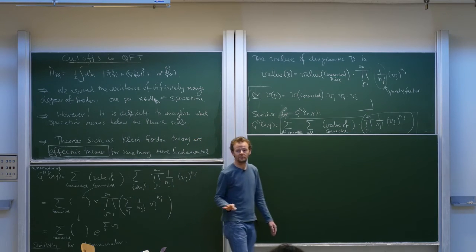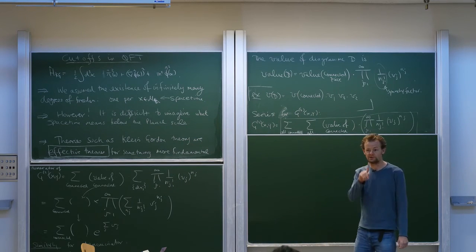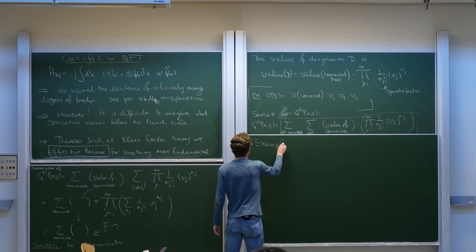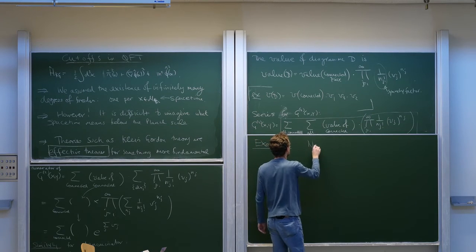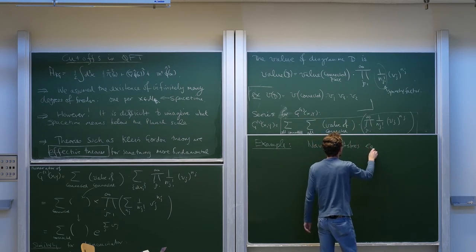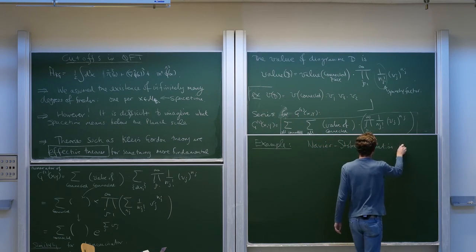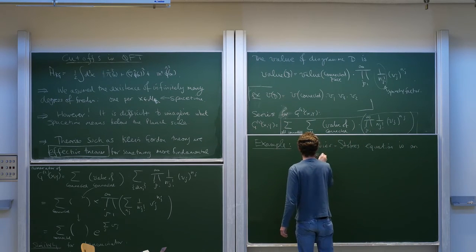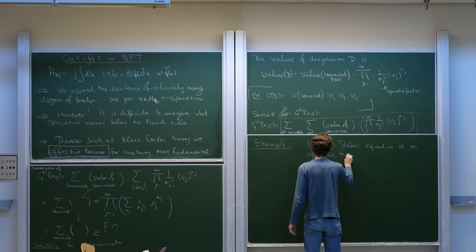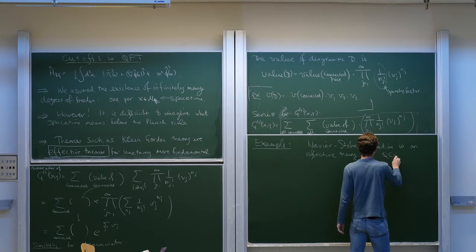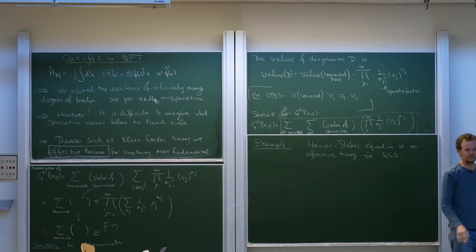There's multiple ways we could define effective theory at this moment. I'll give you an example first of an effective theory so you can get a feel for why. Here's an example. Navier-Stokes equation is a great effective theory for quantum chromodynamics.